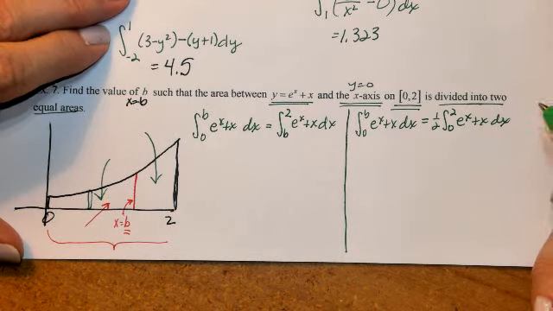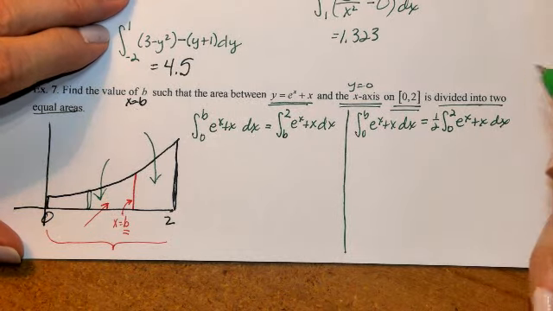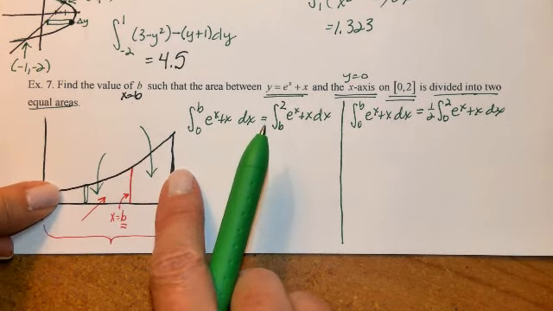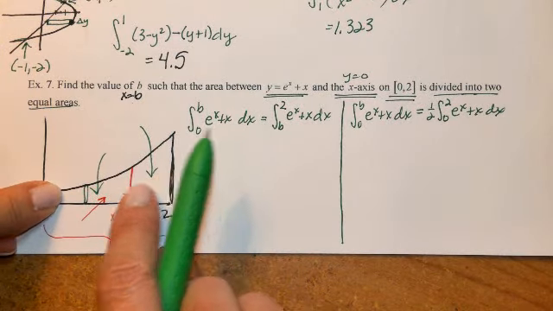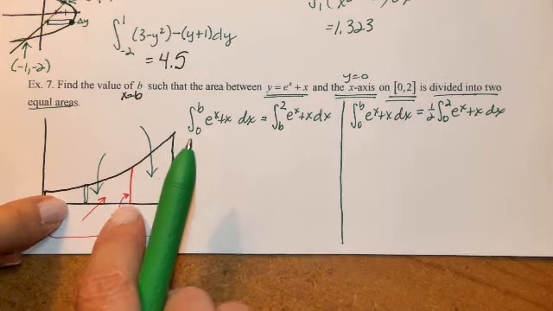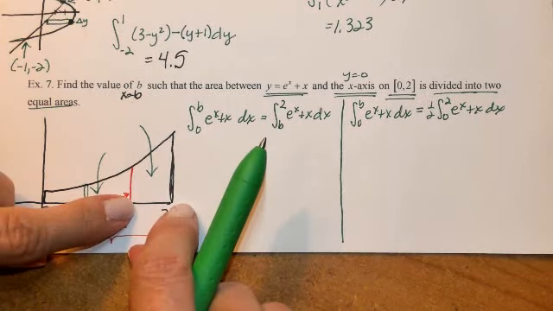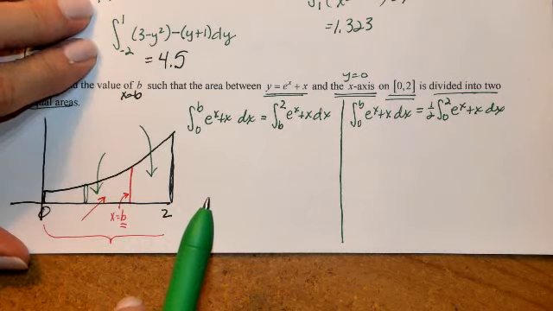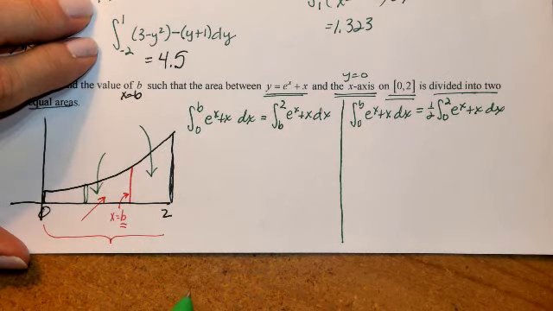That would work as well. There's also a third way we could do it, where we take the entire area and set it equal to twice either 0 to b or b to 2. So there's definitely more than one way to do this, all right? Pick one and go with it, all right?